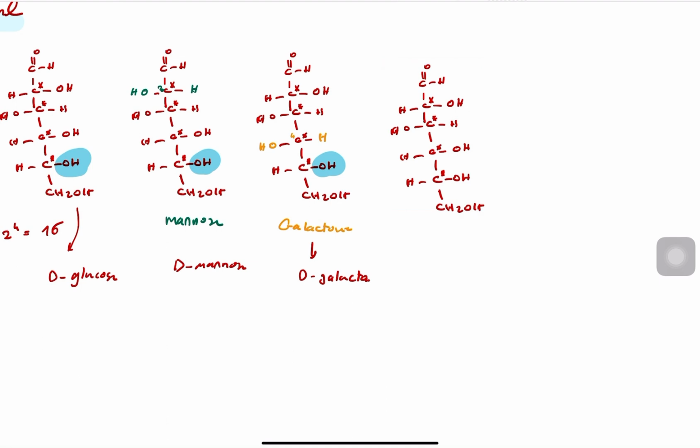If I do the mirror image of the galactose, then I change the position of the OH and H in the chiral center. The first one, OH, H, H, OH, H, OH, OH, and H. It is a L-galactose.